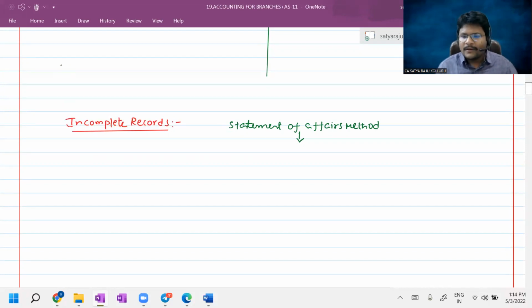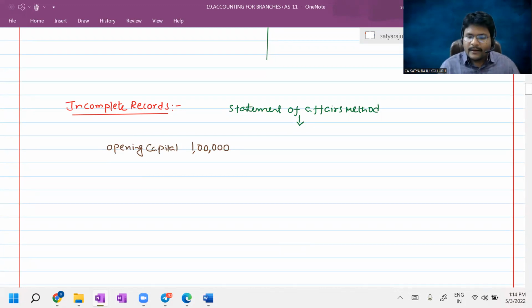Let us assume a sole proprietor initially introduced capital of 1 lakh, which is the opening capital. At year end, if I check, the closing capital is, let us assume, 1,20,000.